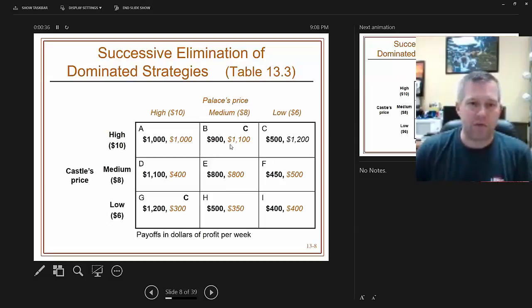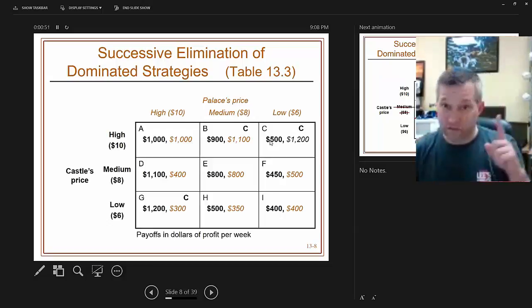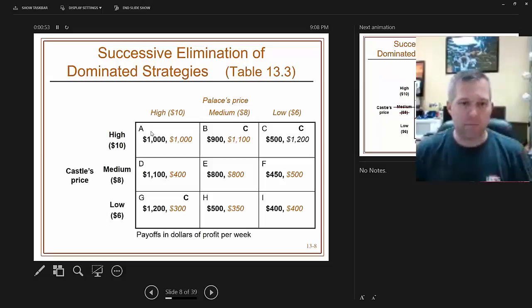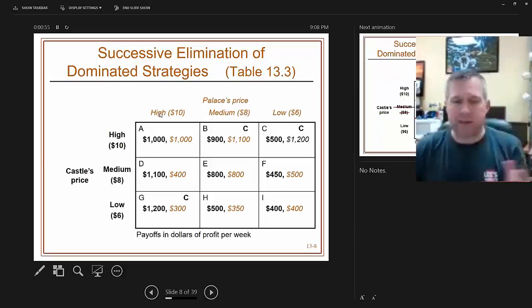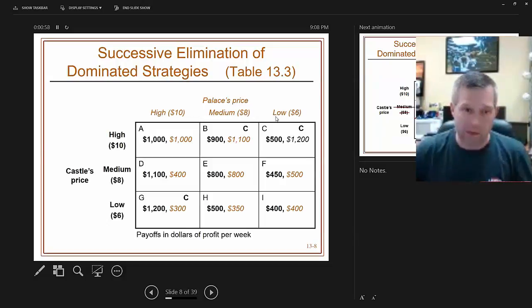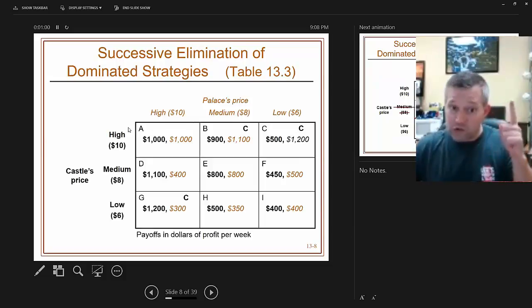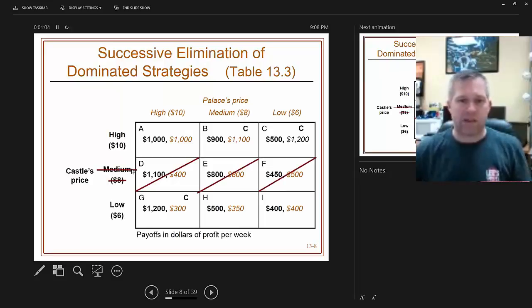So castle would select this box B, or to charge high. And if palace was charging low, castle would choose between $500, $450, or $400 payoff, and so it would choose high. So in castle's first round choice, given all the possibilities that palace could charge between high, medium, and low, castle's first round choice would be to get rid of the medium price. I think yes, we crossed that off there.